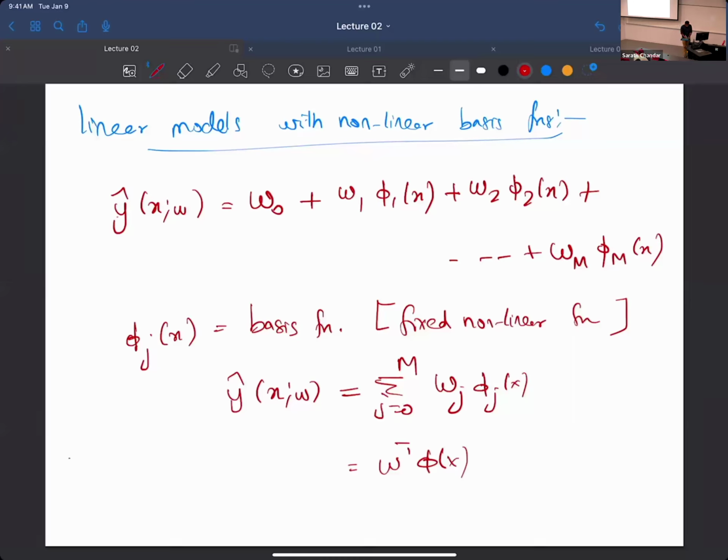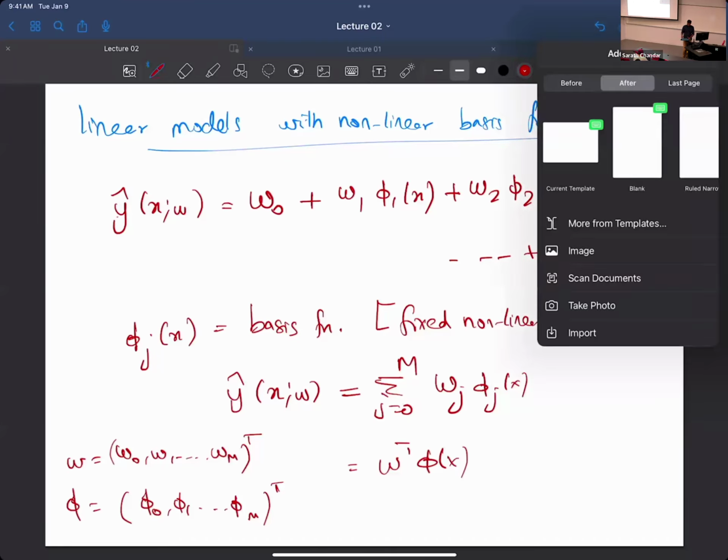Here w is my parameter vector, w0, w1, all the way to wm, transposed, and phi is my feature vector, phi0, phi1, all the way to phi m. Is that clear? So I have just generalized the idea of polynomial regression to any type of nonlinear basis function regression. So now polynomial regression is just a special case, right?